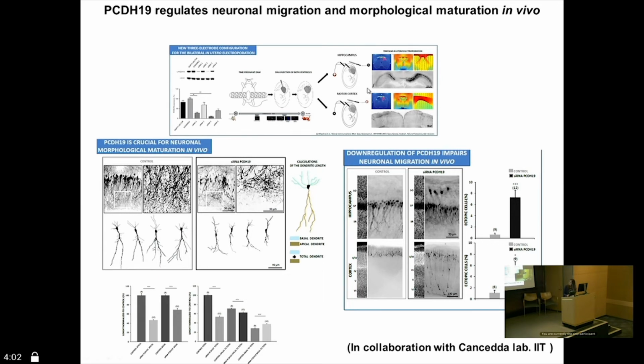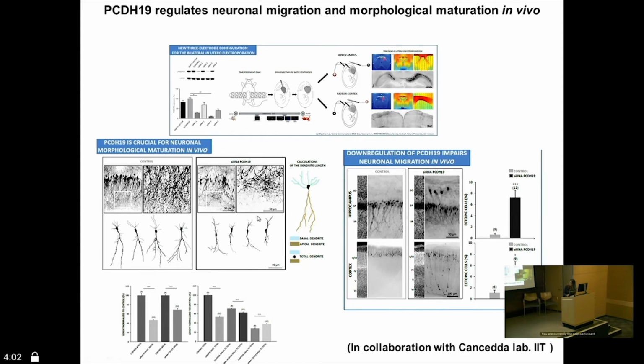She used in utero electroporation to silence protocadherin 19 with a specific shRNA, and then she looked at the morphology and the migration in vivo. What she found is summarized here.